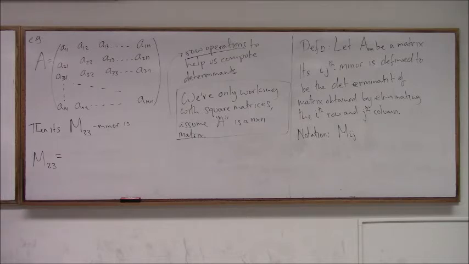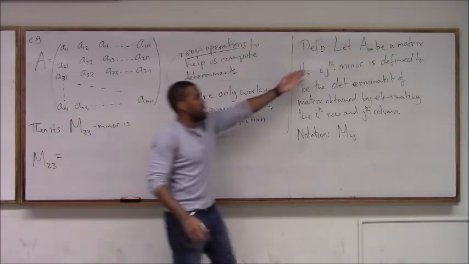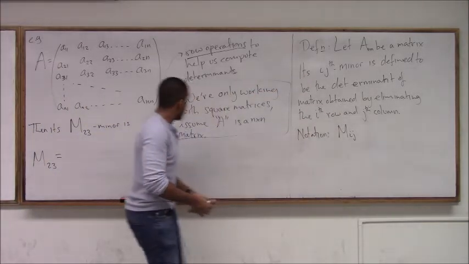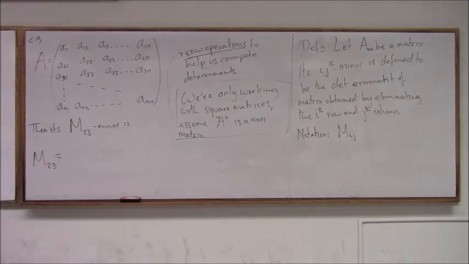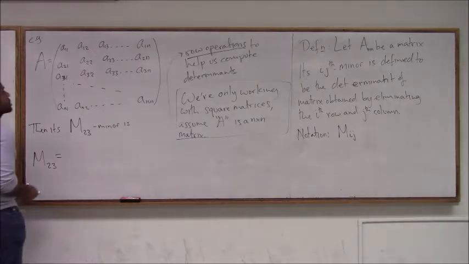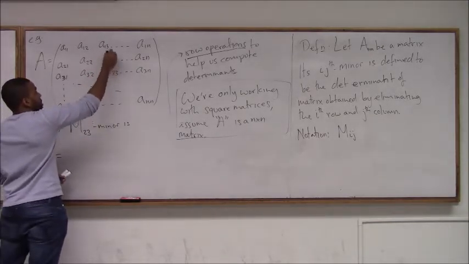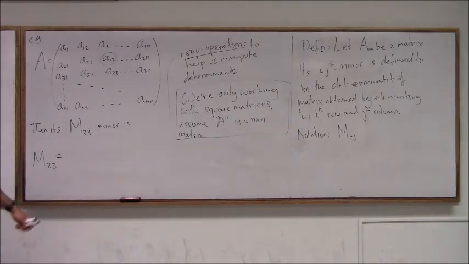It would be the second row, third column. So we're looking at the second row, third column. Again, it's the ijth, referring to the ith row and jth column. So what's in the second row, third column? This guy.